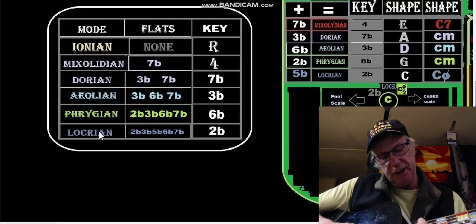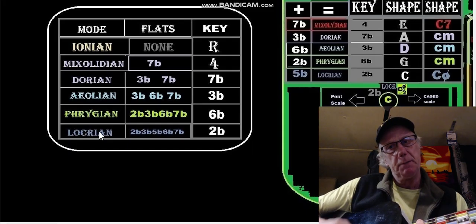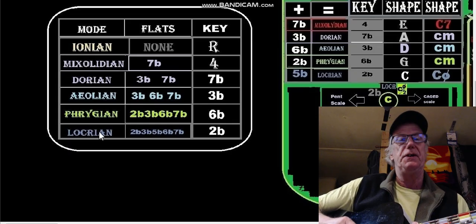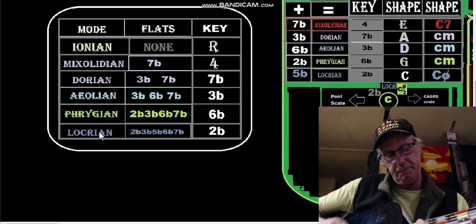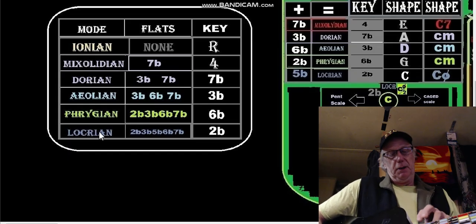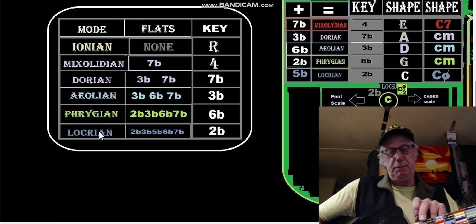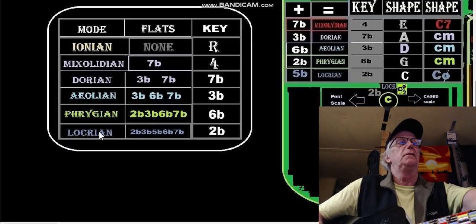And then we extend it down to a C-shaped B. So the C shape is the 5th of the E shape, like that. We've got a half step relationship here between the 7th and the root, between B and C on the white keys, similar to the E and F relationship.